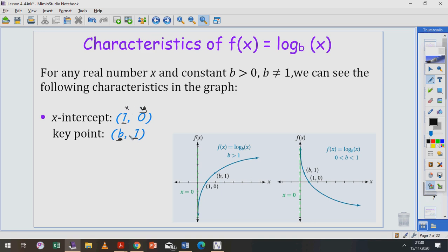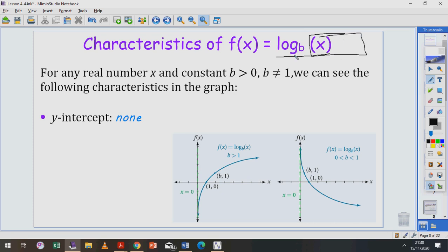But the other key point is you find the x value where the y value is equal to 1, because that's a key point for logarithmic functions. Y-intercept, if it looks like this, it doesn't have a y-intercept, but there are some changes that can happen to this definition of the function that could cause it to have a y-intercept. We'll see some examples about that.